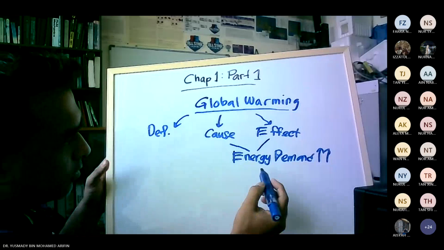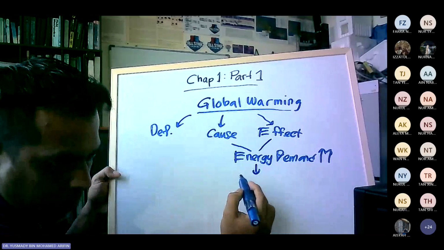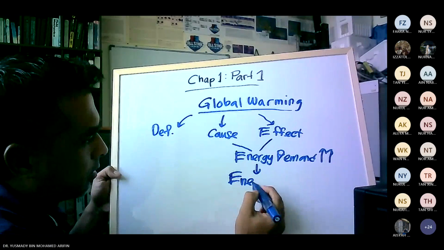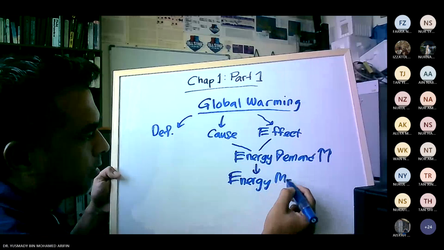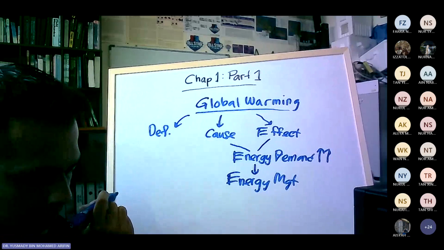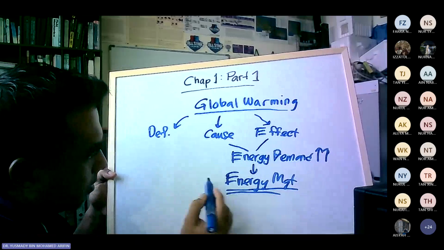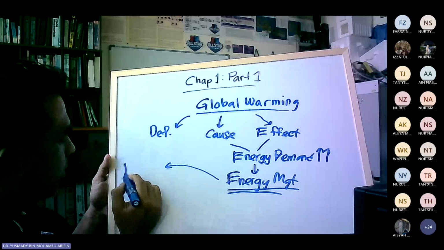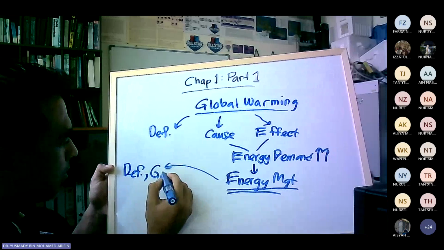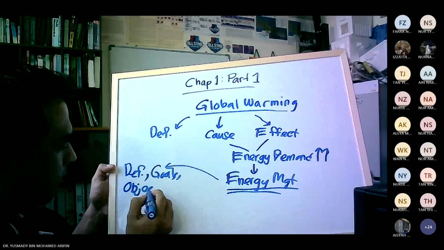Okay. So that in order to solve the problem, one of the solutions is by using energy management mechanism or energy management system. So under energy management topic, we already discussed about the definition of energy management, the goal, and also the objective.